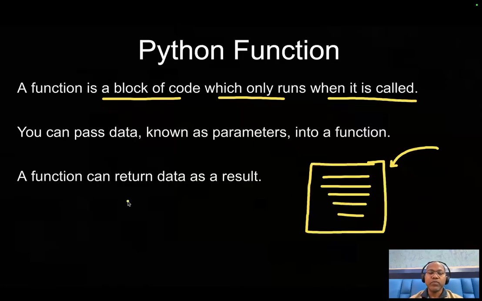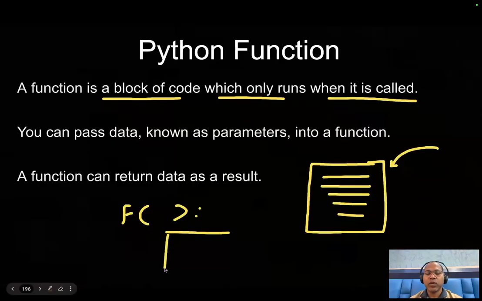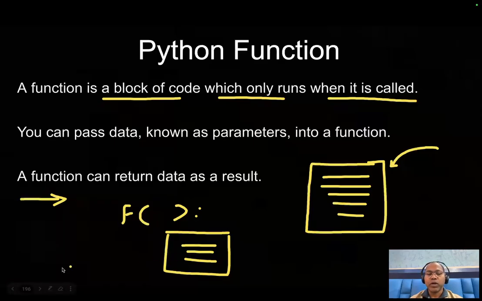If you write one function, and this is a block of code, let's say you write it in a Python file, and whenever you run this file, this code is not going to execute until you specifically say, hey, I want to run this function, function one.